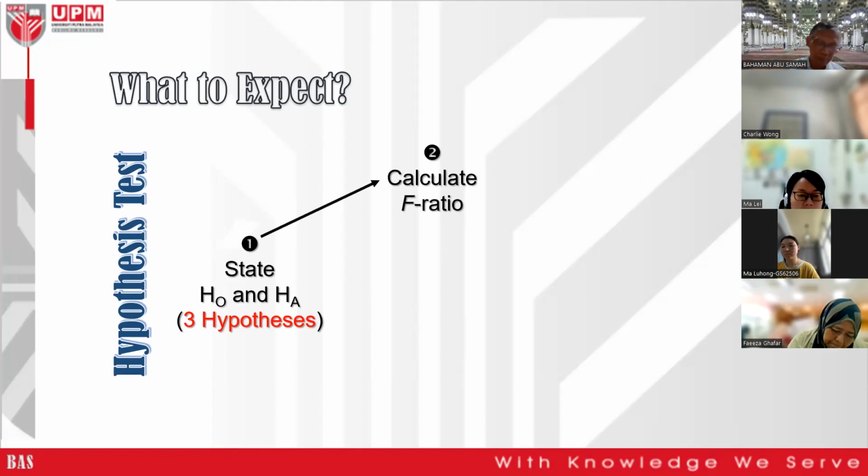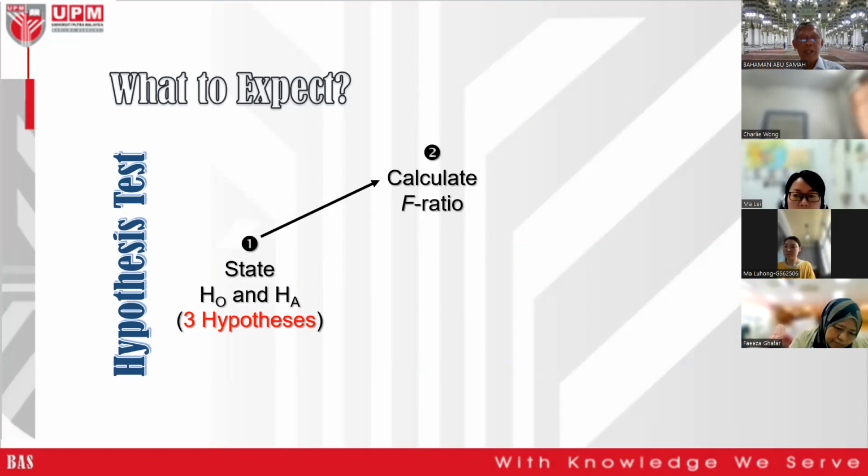Step number 2. Just to remind you, similar to what we did for multiple linear regression, it will also involve manual calculation for our factorial ANOVA. The expectation is that everyone should be knowledgeable on how to run the manual calculation for this analysis.